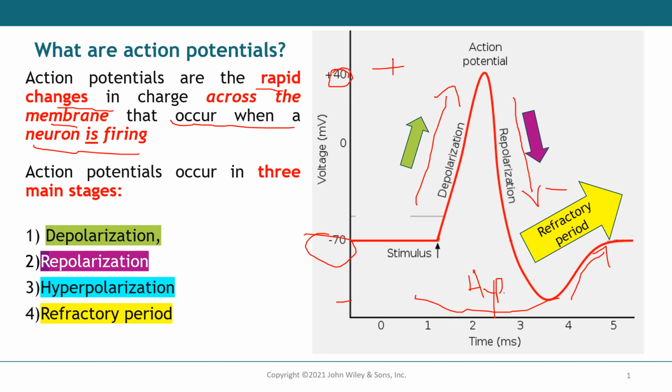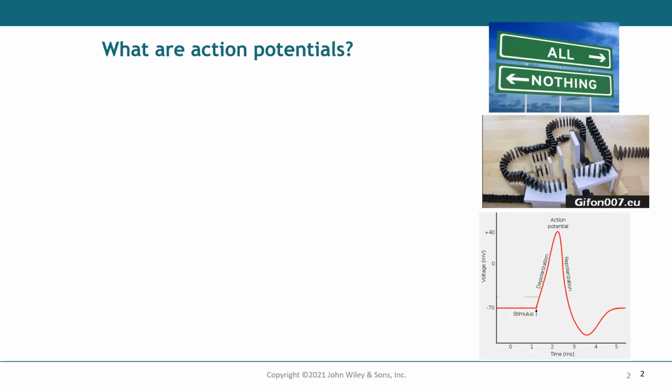So let's start. Now let's talk about the all or none principle, which is very important to understand action potentials. Imagine that you open an ion channel and only one ion moves across the membrane and produces a subtle change in the voltage of the membrane potential.